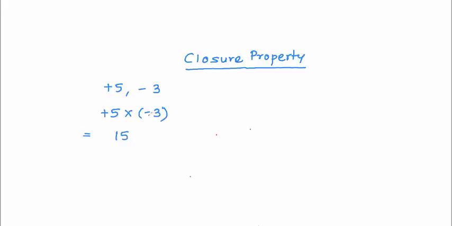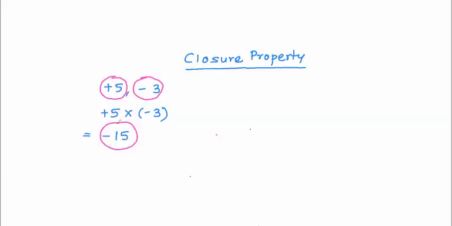We have only one negative multiplier. One is odd, and odd always results in a negative sign. So the answer is minus 15. Now here we can see that plus 5, minus 3, and minus 15, all three numbers are integers, and hence we can say that in this case, integers are closed under multiplication.